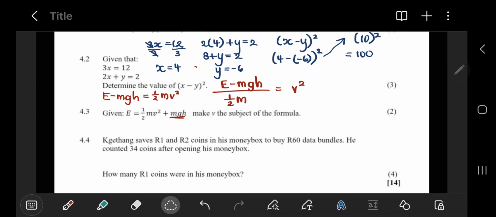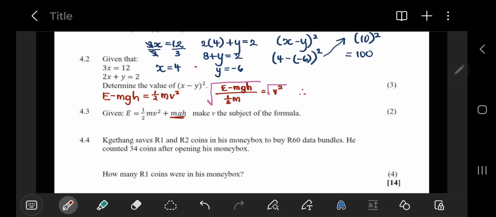But we have v squared. We need to get v alone, so we need to get rid of the square. How we get rid of a square is we square root. But here's the important thing. Since it is an equation, what you do on one side, you must do on the other side as well. Now, square rooting, what actually happens on the right hand side, the square root and the square cancel out. So we will have v alone.